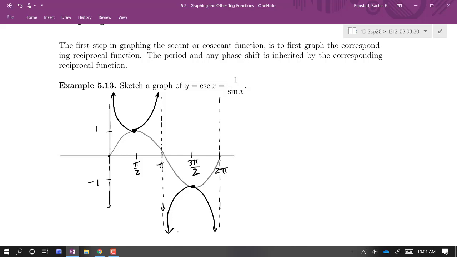If there are changes in amplitude, period, phase shift, I just do all of that with the sine or cosine. Draw my asymptotes where the sine or cosine is 0, and then draw those U shapes. That'll work every time.